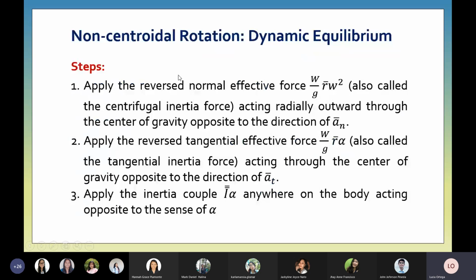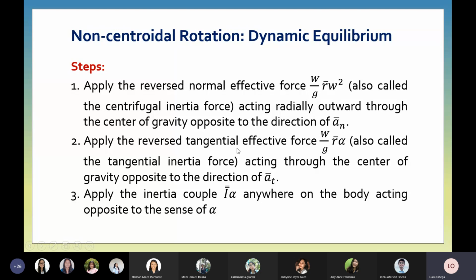So let's go to non-centroidal rotation, that is dynamic equilibrium. For the procedure, first apply the reverse normal effective force, W over g R omega square, also called the centrifugal inertia force, acting radially outward through the center of gravity, opposite to the direction of the normal acceleration.